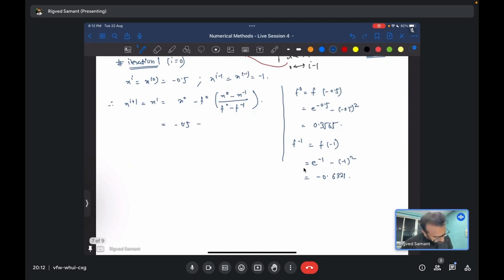So you have these values: 0.3565 into x0 is minus 0.5 plus 1, divided by f0 is 0.3565 minus, so this will be plus 0.6321.